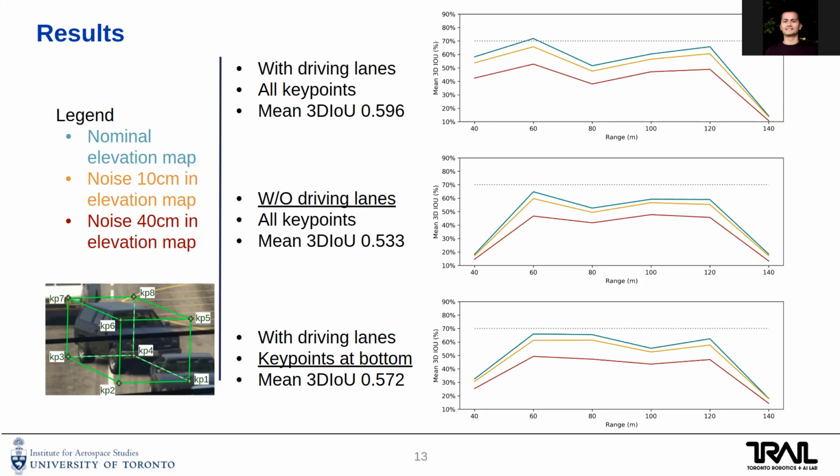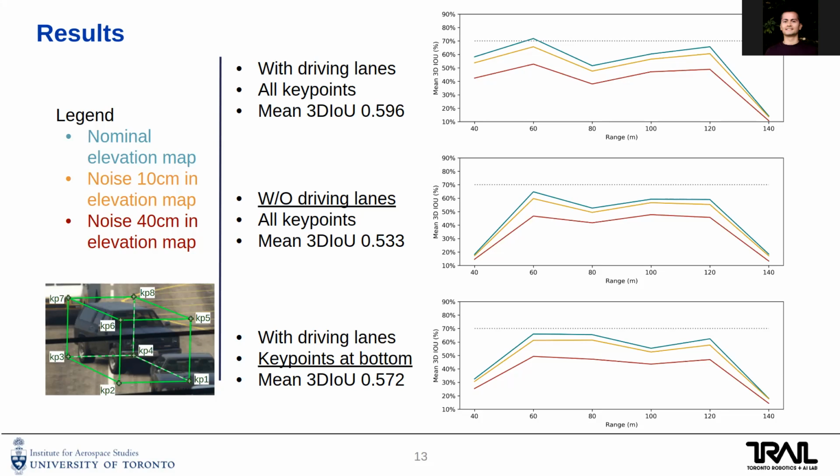The top right figure shows the results of the mean 3D intersection over union across range when using the driving lanes and all of the 9 key points, and that gives us a mean 3D IOU of 0.59.